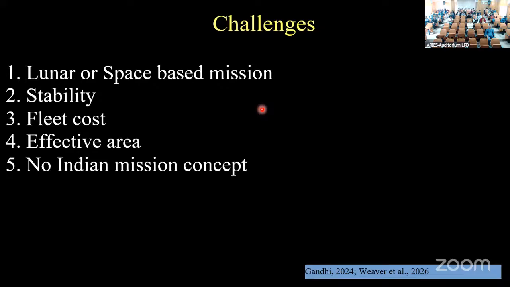Your effective area calculation needs to be very precise because when you are building interferometry in the X-ray regime, even a very small energy band can smudge the image, because as we all know, interferometry requires one fixed frequency. So you need effective area for different energy bands so that you can allocate various area for various bands. And currently there's no Indian mission concept.